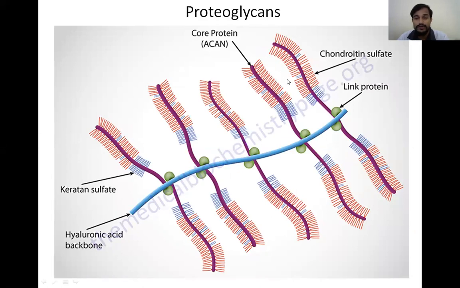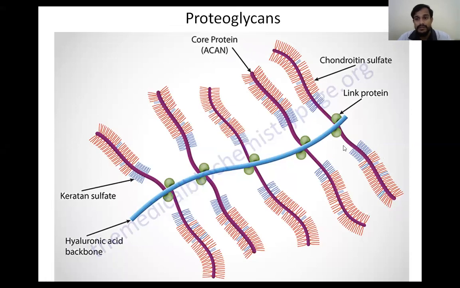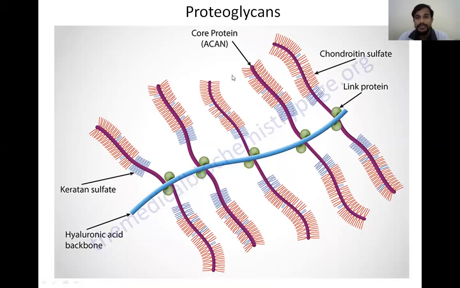And we know what are glycosaminoglycans. So we know glycosaminoglycans, all the chondroitin sulfate, keratan sulfate, hyaluronic acid, all these are glycosaminoglycans, which are mucopolysaccharides. Okay, so these are attached to the core protein which form proteoglycans.